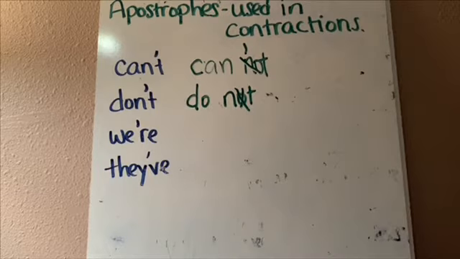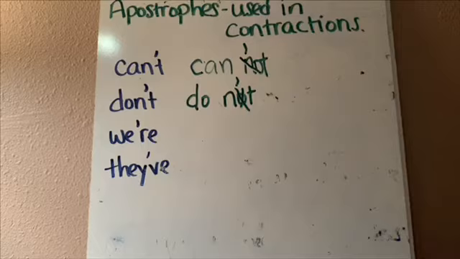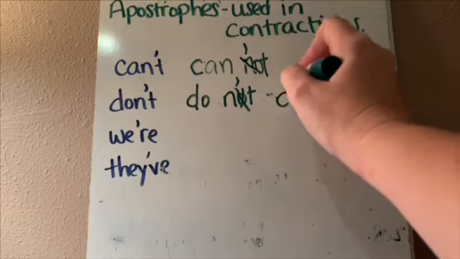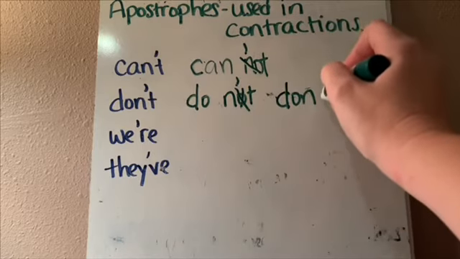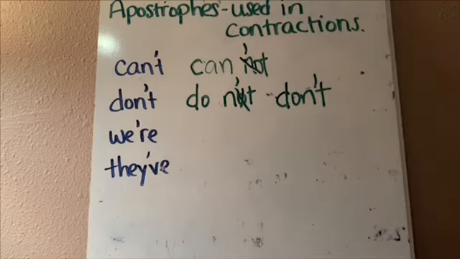The O in not. So my apostrophe goes in that place. My apostrophe goes in place of the letter that I have left out. So don't, we put those together. There's no O there, so I put my apostrophe, and there's my T. Does that kind of make sense?